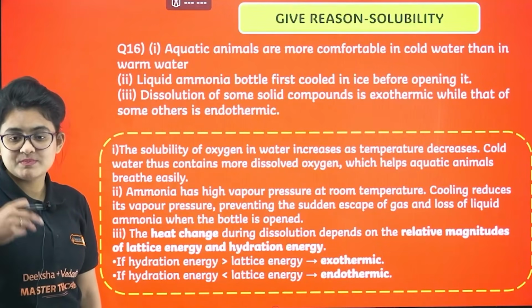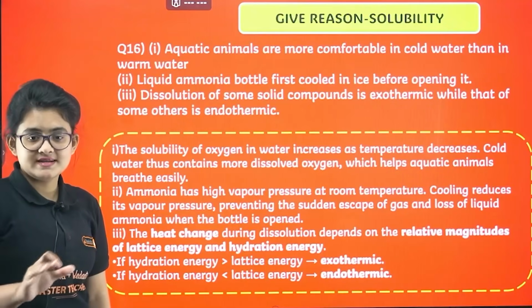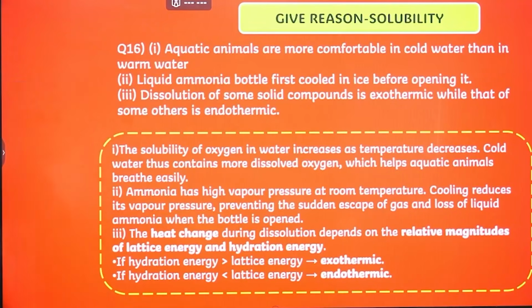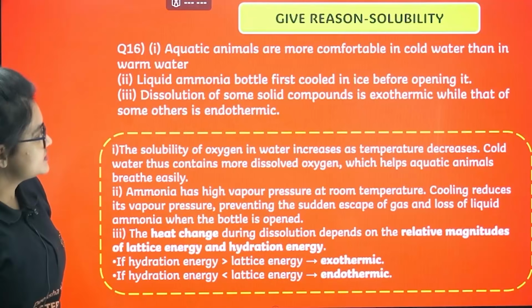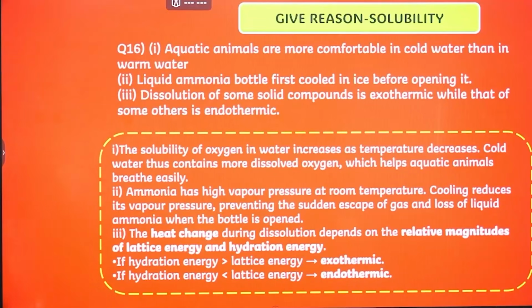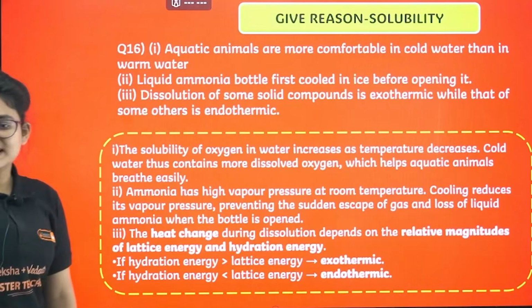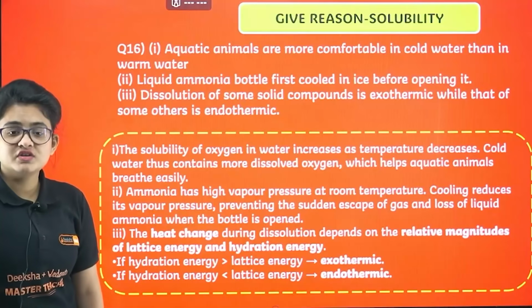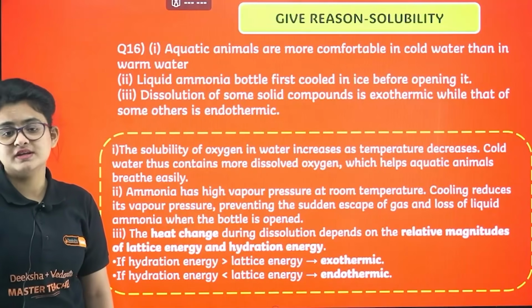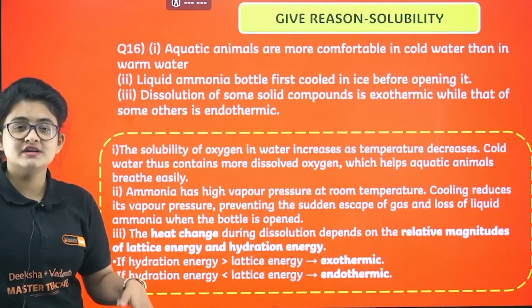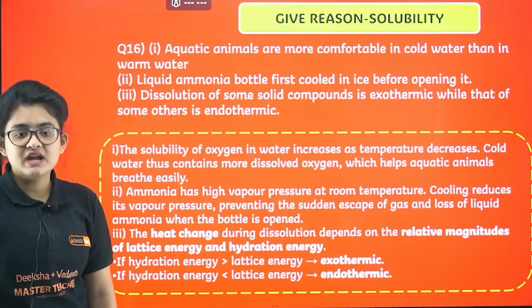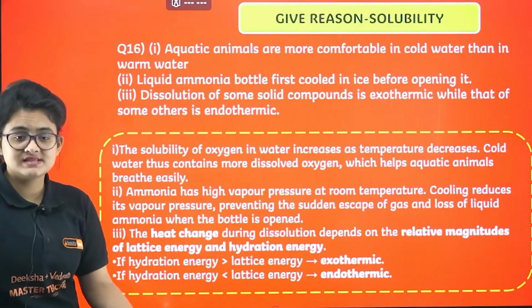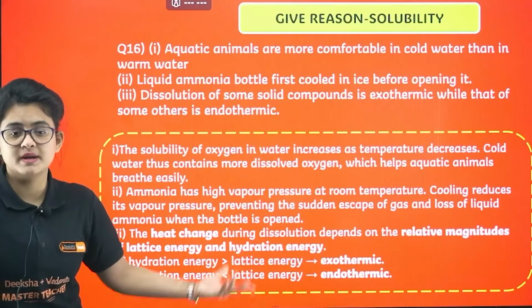That's it. Next, dissolution of some solid compounds is exothermic, while that of some others is endothermic. It is basically this: if the hydration energy is greater than the lattice energy, then the process is exothermic, and if the hydration energy is less than the lattice energy, the process will be endothermic.